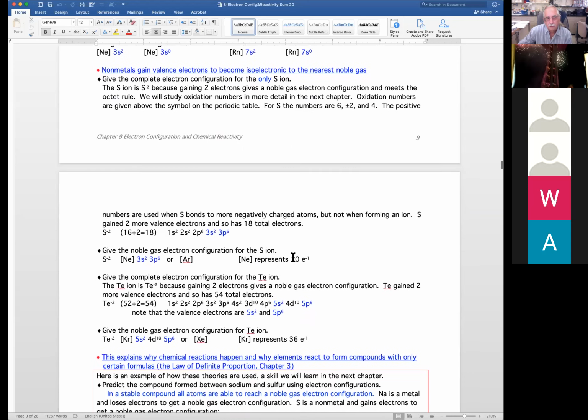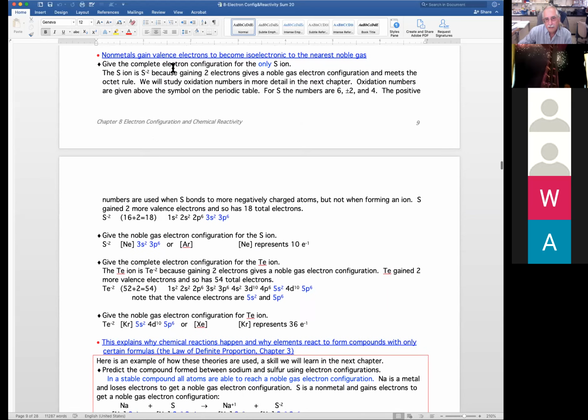So what about nonmetals? Nonmetals gain valence electrons to become like a noble gas. So now, here's what takes a little bit of thinking. Here's all the oxidation states for sulfur. You see a whole bunch of them, right? Which is the only one that represents the sulfide ion? What does sulfur want to do?